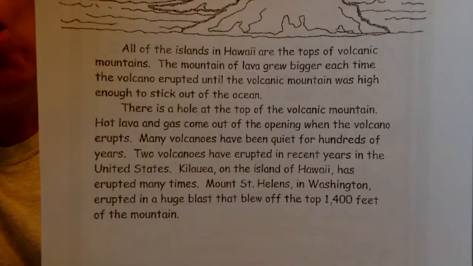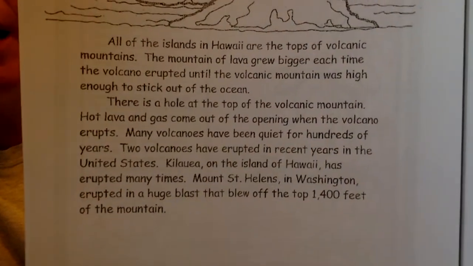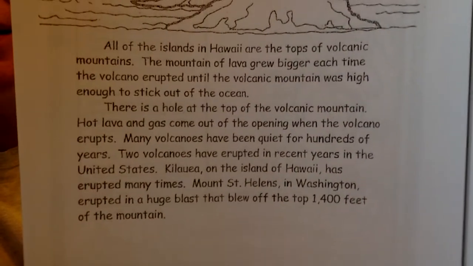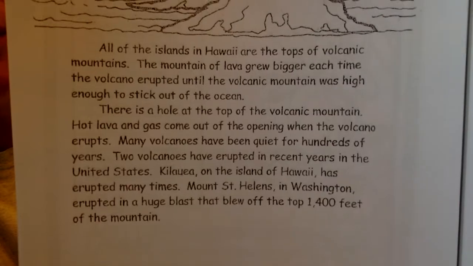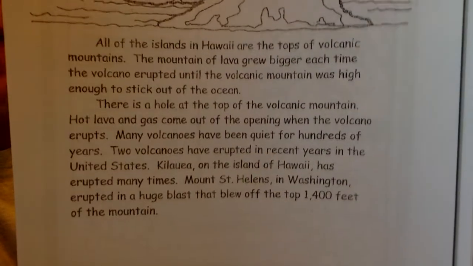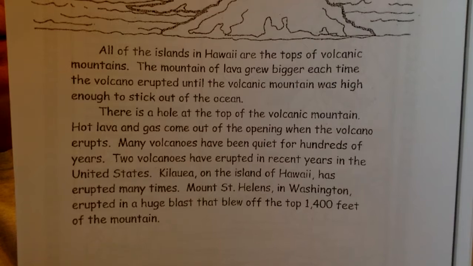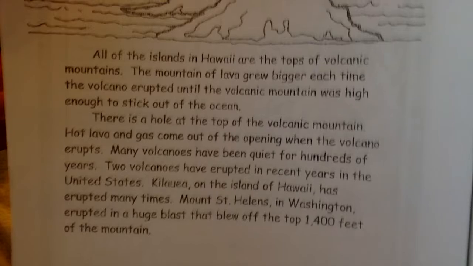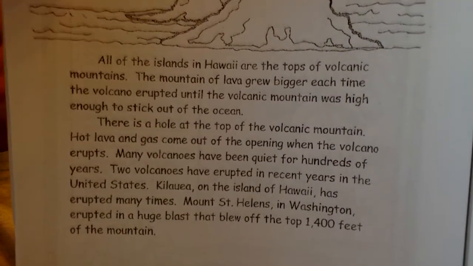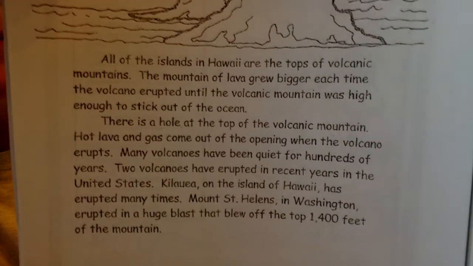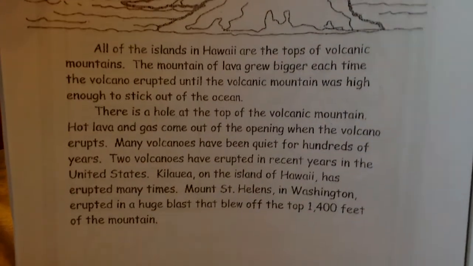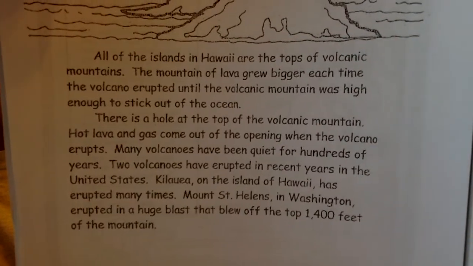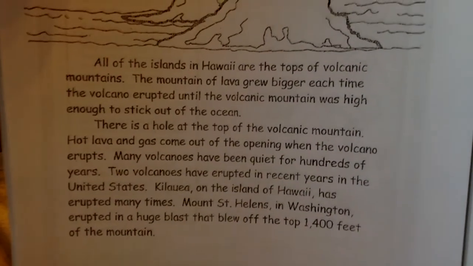There is a hole at the top of the volcanic mountain. Hot lava and gas come out of the opening when the volcano erupts. Many volcanoes have been quiet for hundreds of years. 2 volcanoes have erupted in recent years in the United States.